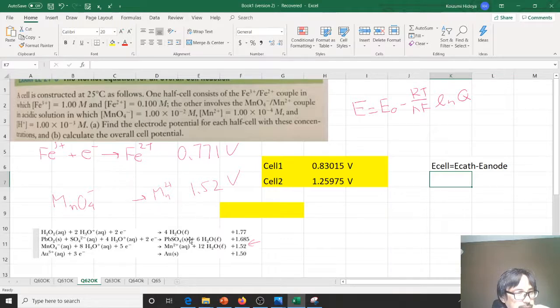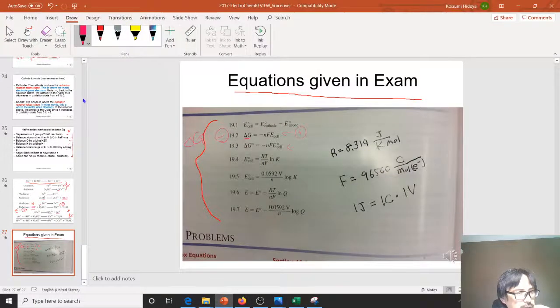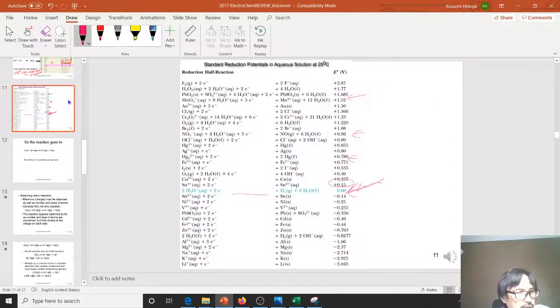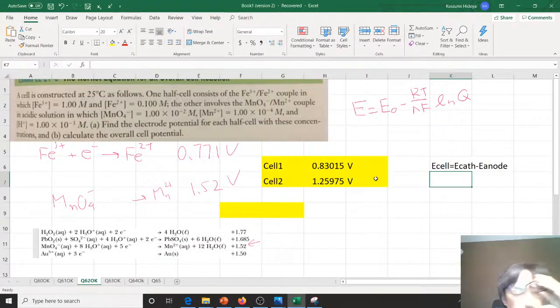For this particular case, which way is the reaction going? Fe3+ becoming Fe2+, and then MnO4 minus becoming Mn2+.